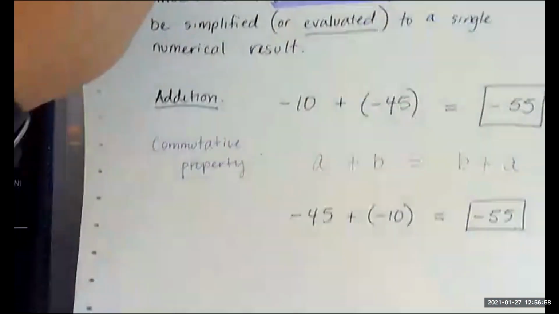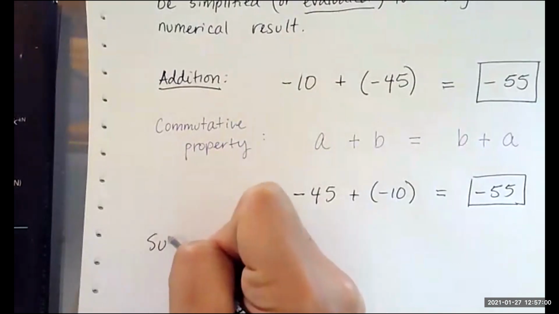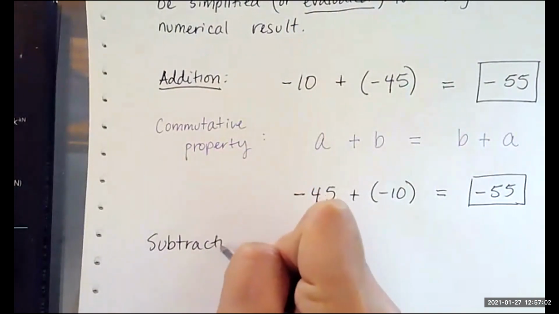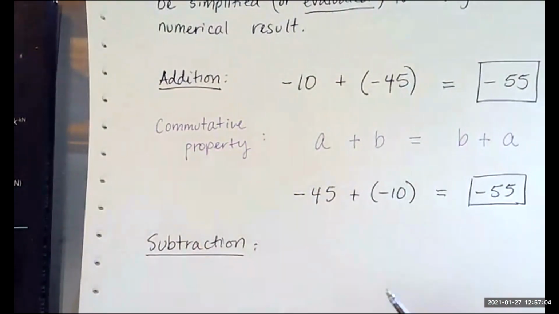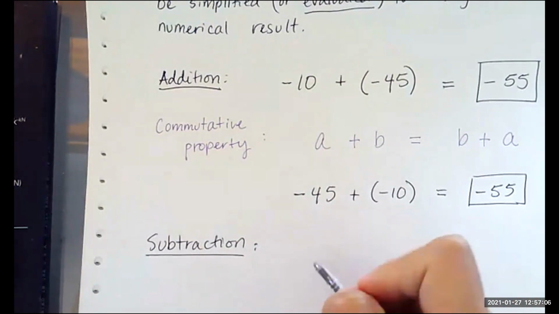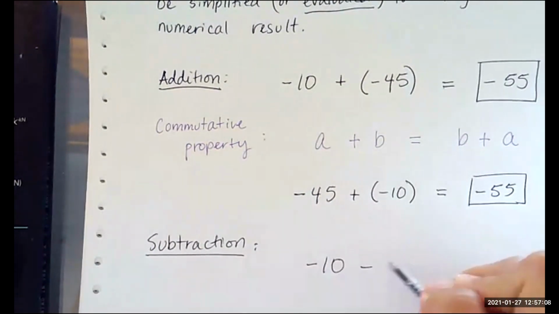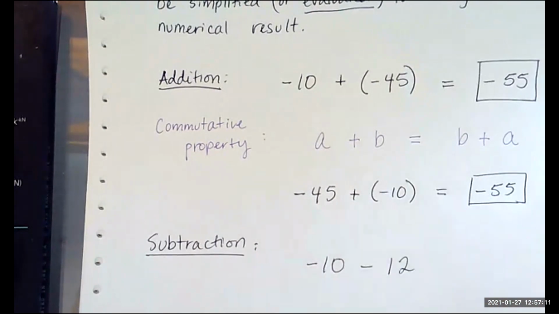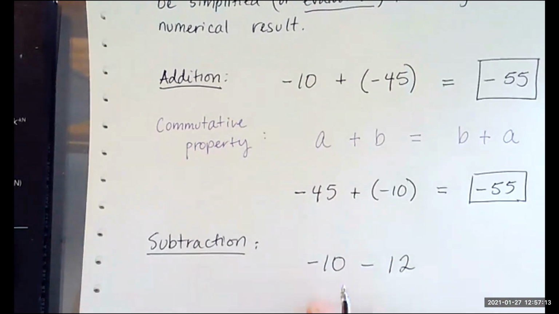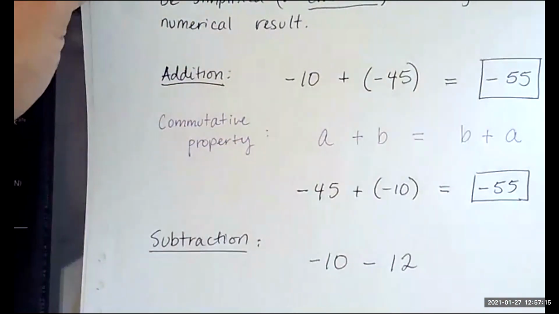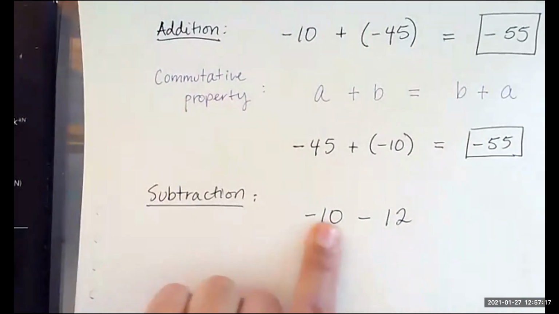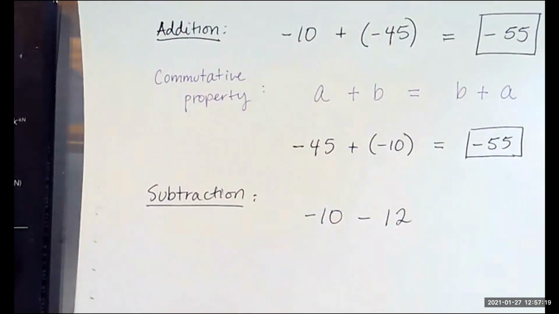Okay. With subtraction, let's try something a little exotic as well. Let's do negative 10 minus 12. Does anybody know the answer to this one? Or what can we simplify this down to? Minus 22.